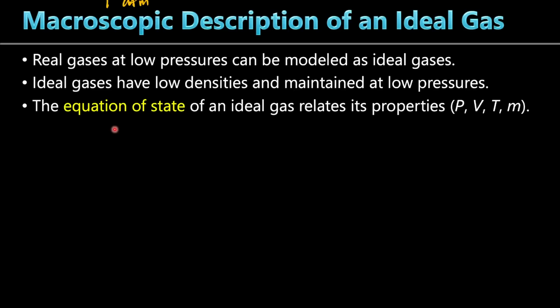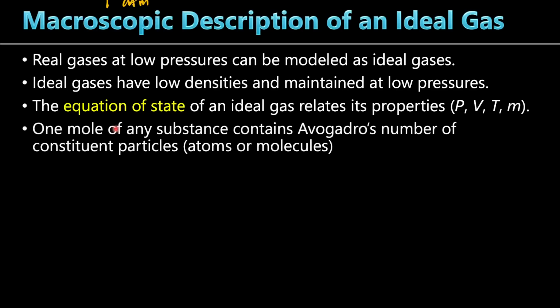But in chemistry and in physics, 1 mole of any substance always consists of a definite amount of substance, which is equal to a certain physical constant called Avogadro's number. So if we have a sample of substance, 1 mole of that substance contains Avogadro's number of constituent particles.